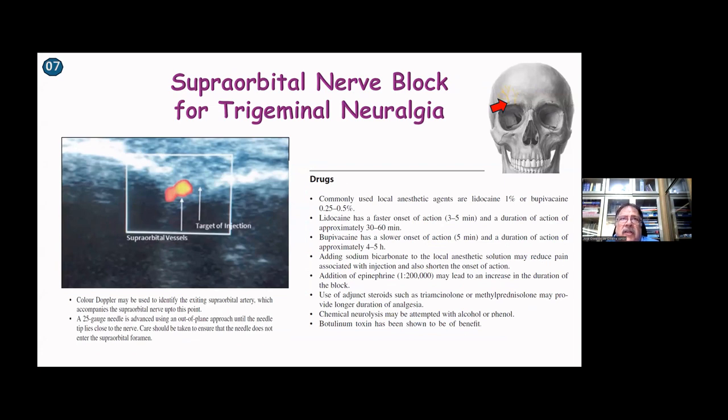The most commonly used drugs are lidocaine and bupivacaine, with or without addition of sodium bicarbonate, with or without vasoconstrictor, with or without corticosteroids. When the procedure is ablative, corticosteroid, alcohol, phenol, and meglumine are the most chosen neurolytic agents. Botulinum toxin may also be beneficial.